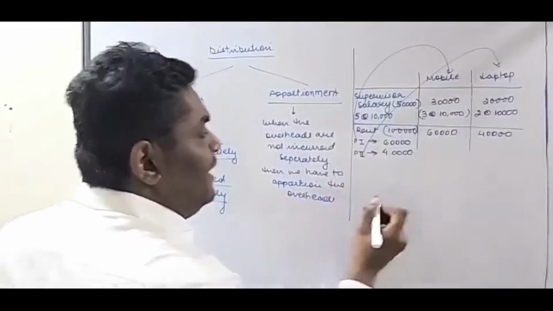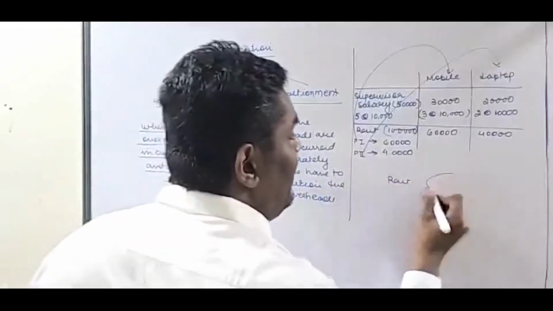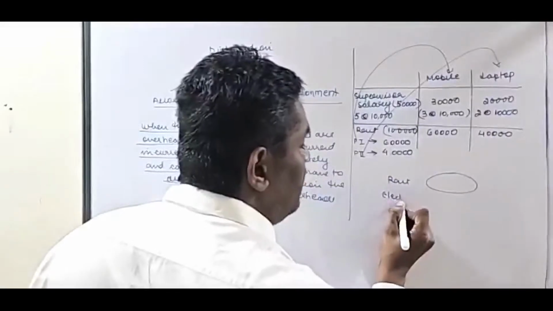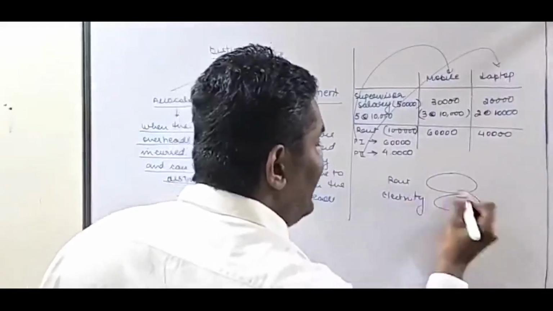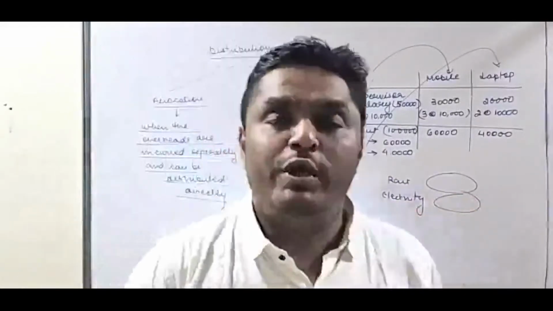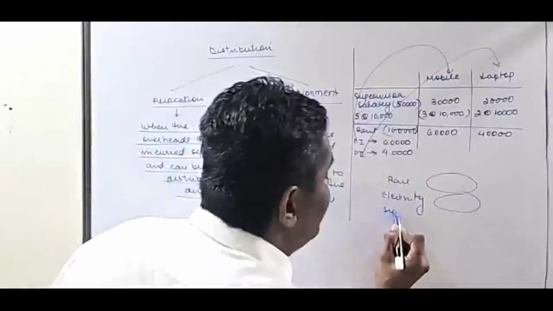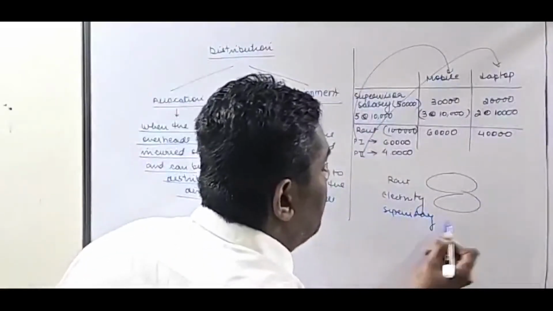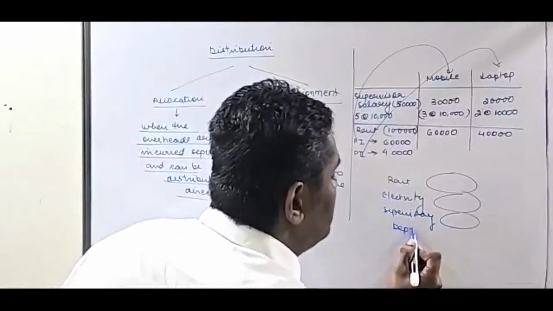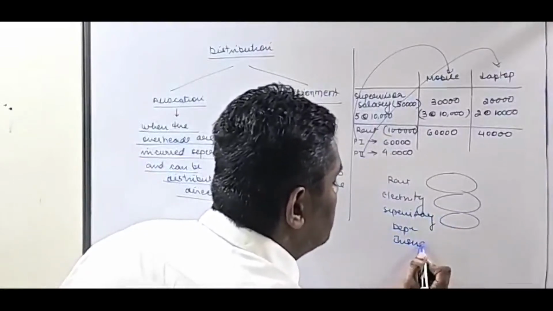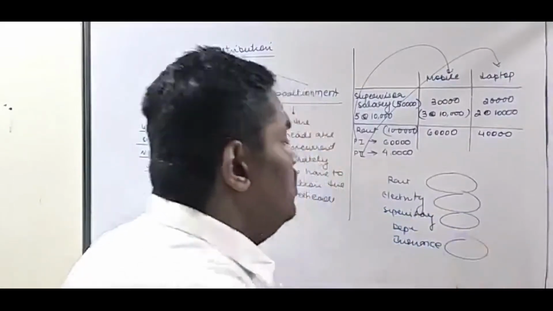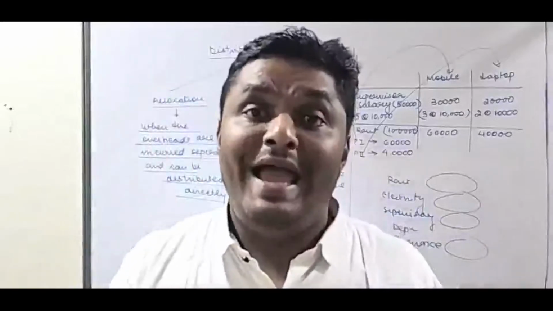So let's say rent is incurred as a whole. Electricity as a whole. Supervisors are jointly working in the mobile division as well as the laptop division, so supervisor salary. Let's say depreciation, insurance. So these expenses are incurred as a whole.